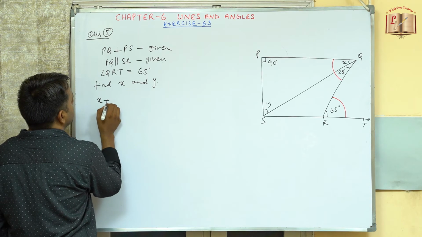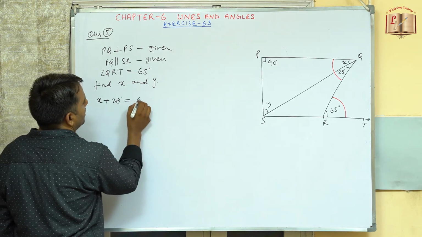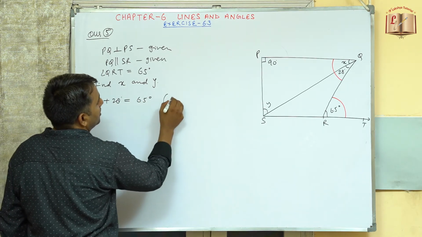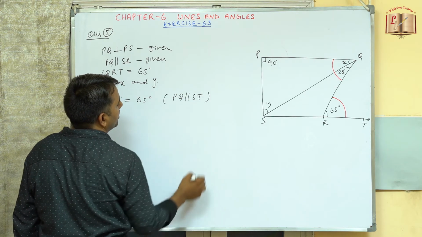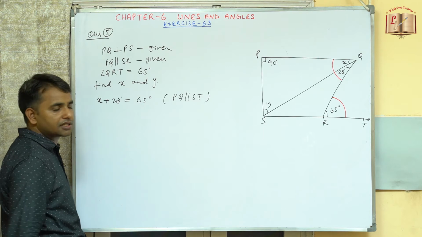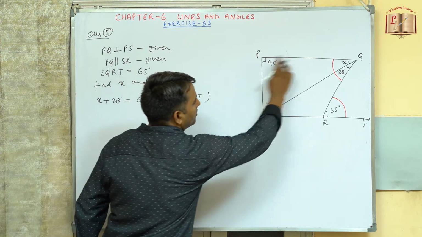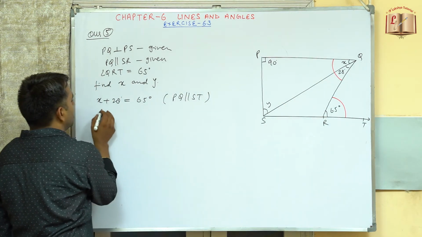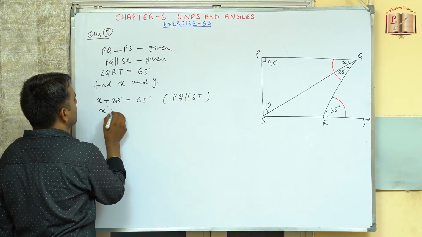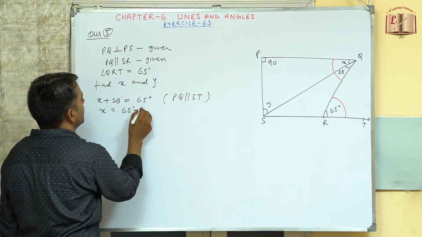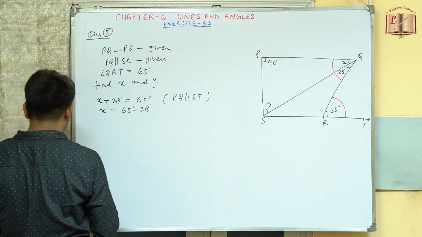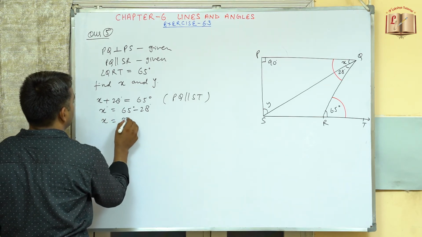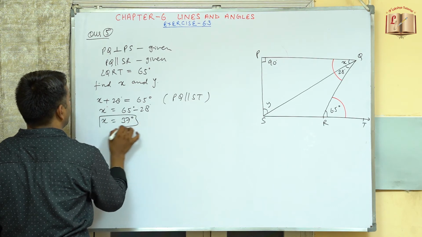So angle X plus 28 degrees equals 65 degrees, because alternate interior angles are equal if lines are parallel. So X equals 65 minus 28, which is 37 degrees.